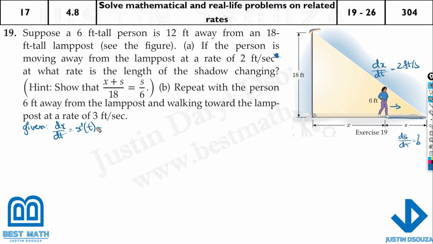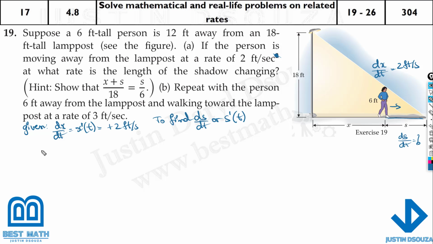That's why we write t in brackets, or dx by dt. That is given as plus 2 feet per second. We need to find ds by dt, or you can write it as s prime of t. And what do we know?